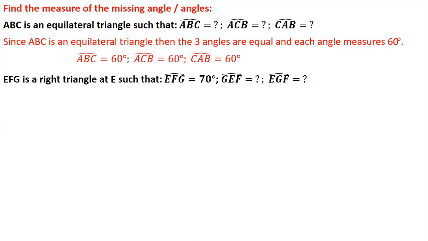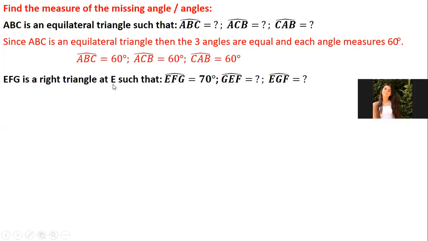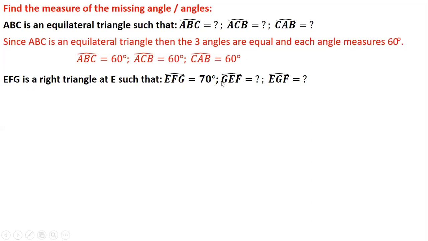Yes, Huda. Triangle EFG is a right triangle at E, such that angle EFG is equal to 70 degrees, angle GEF is missing, and angle EGF is missing. How many missing angles do you have here, Huda? Two missing angles.